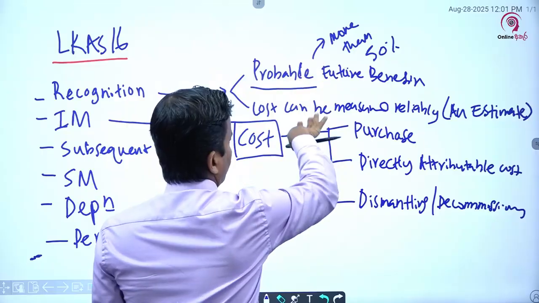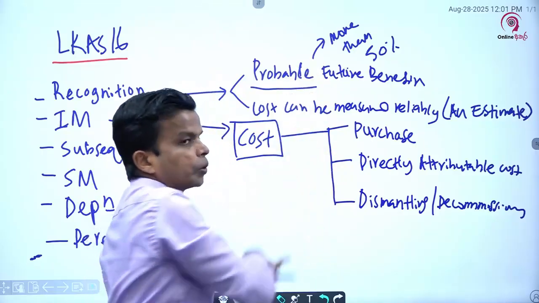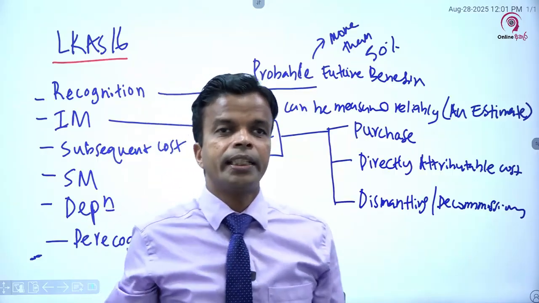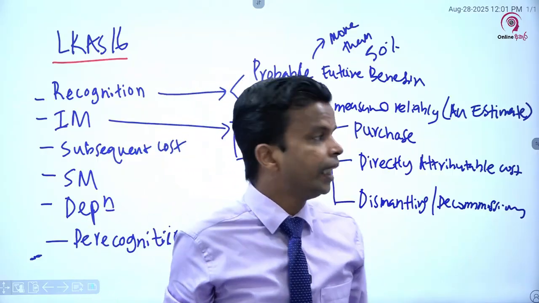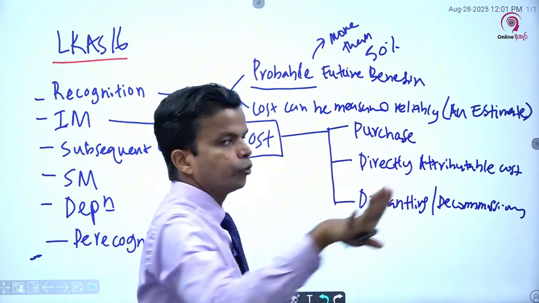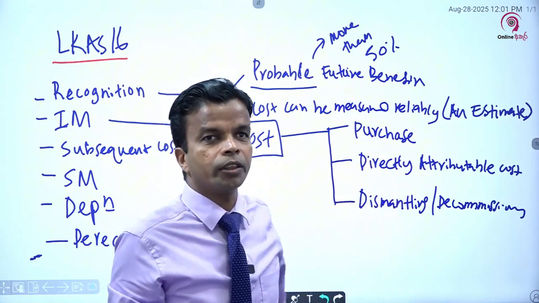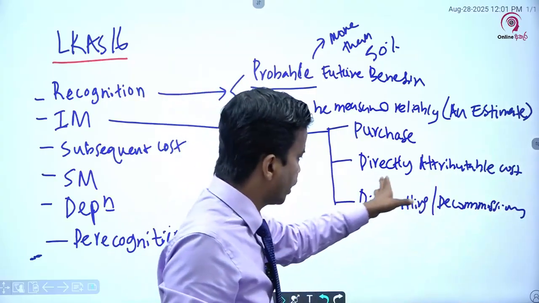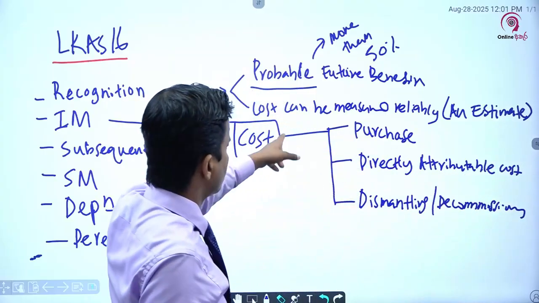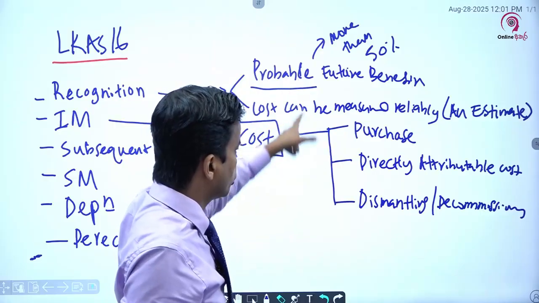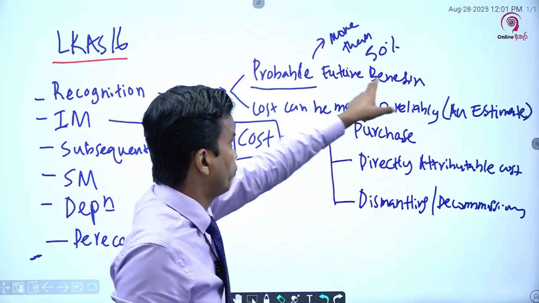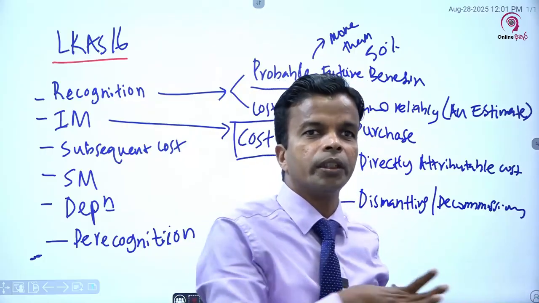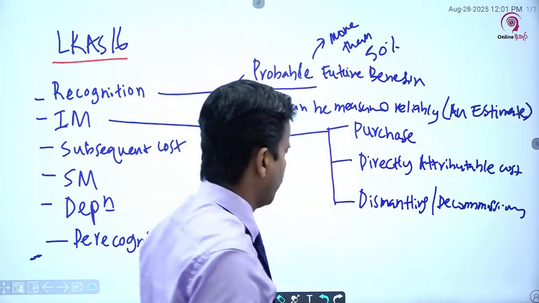Remember, you need to ask these two questions also. So let's say you have been given a set of cost items related to a PPE, and you will be asked to identify the total cost. Purchase cost is straightforward, but when you say directly attributable cost, ask the question whether these two criteria will be satisfied. More importantly, whether there are future economic benefits through this item, then you can recognize, right?